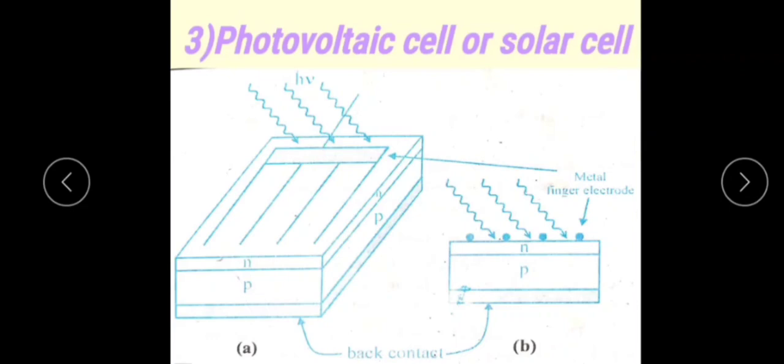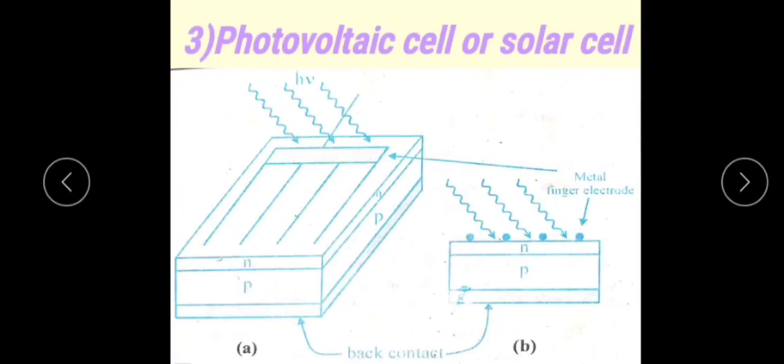The given diagram shows a simple PN junction solar cell. First, a 0.3 micrometer thin layer of N-side silicon is grown on one side, and the P side is 300 micrometers thick.